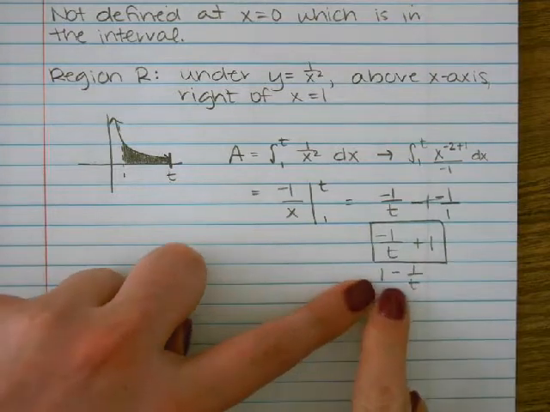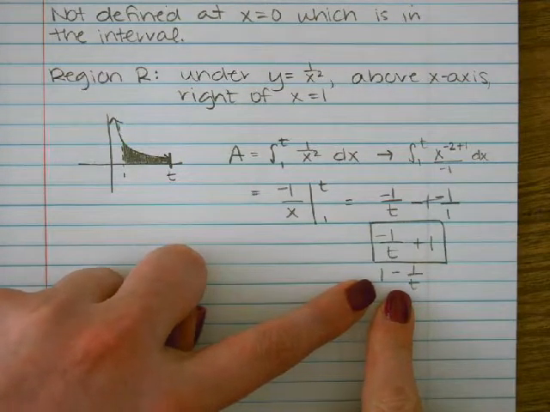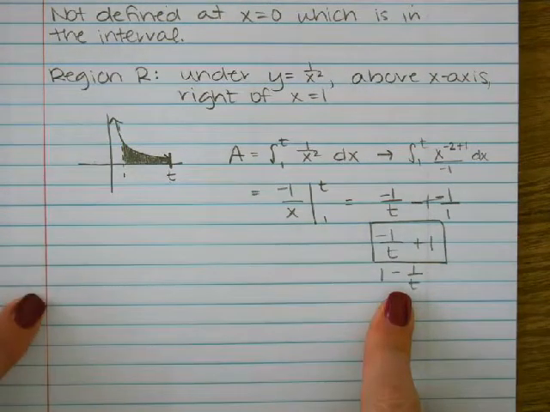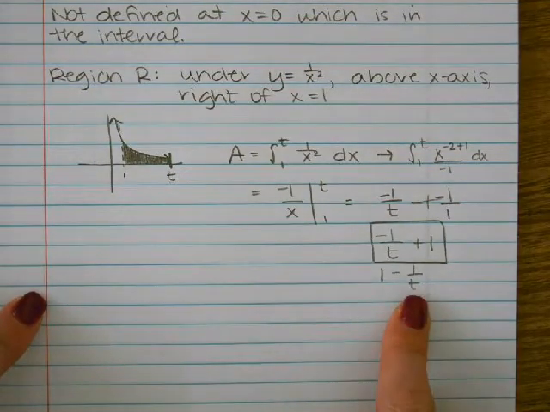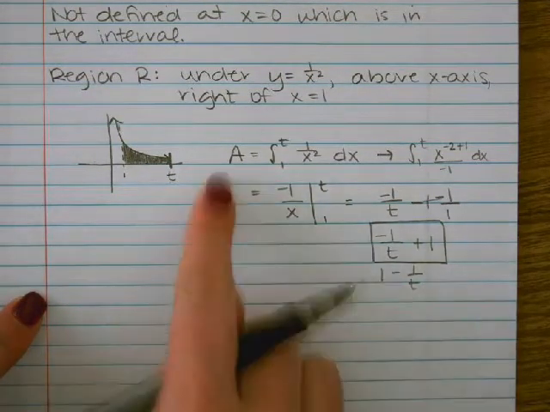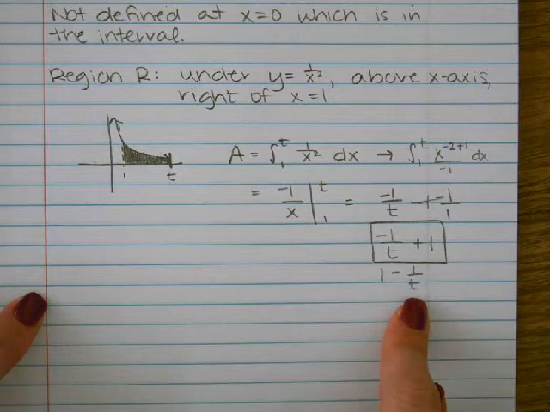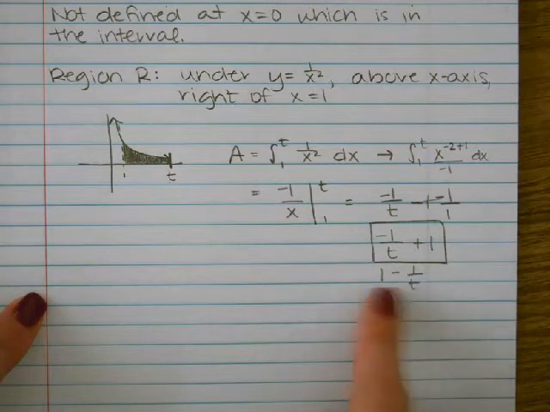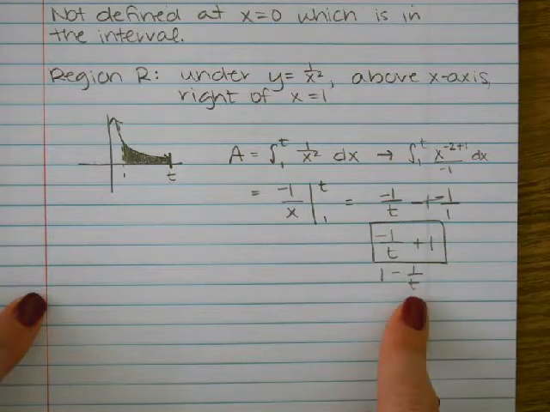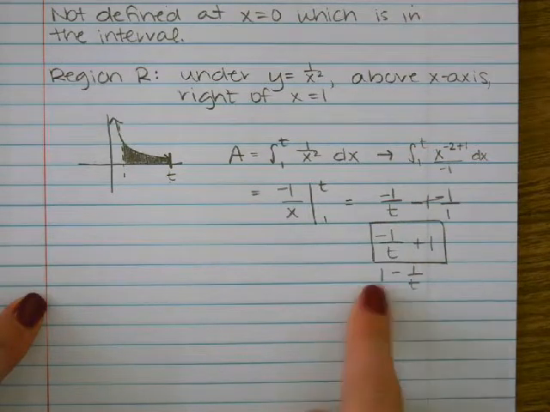If you think about this area that's represented by 1 minus 1 over t, it doesn't matter what I plug in for t. There's no possible way that my area is going to be a number greater than 1. I could have 1 minus 1/2 if I plug in 2 for t, 1 minus 1/3, 1 minus 1/4, 1 minus 1/50, 1 minus something. It's always going to be a fraction, so I'm doing 1 take away something.